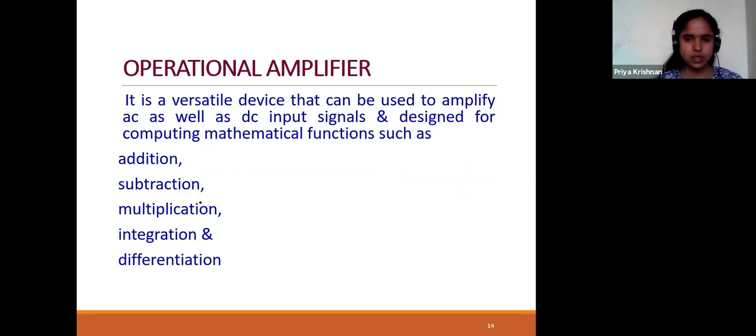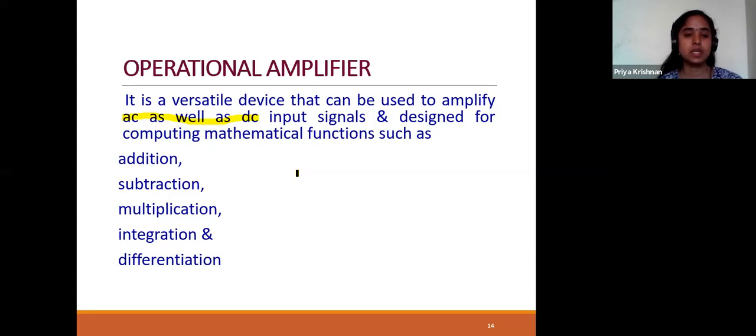What can I do with the operational amplifier? It is a very versatile and reliable device, and I can use it to amplify AC as well as DC. I need your attention on this point: it is not restricted to only AC or only DC signals.